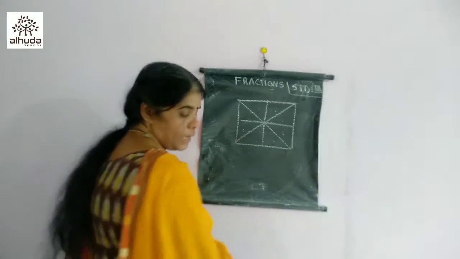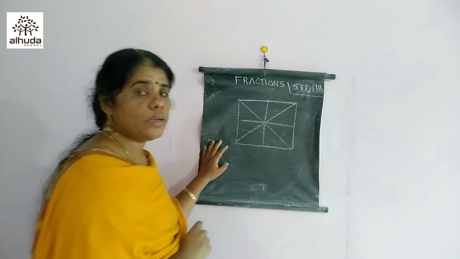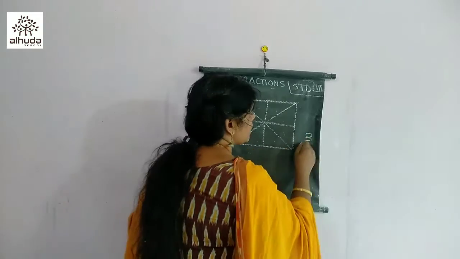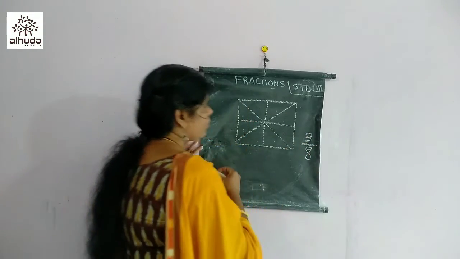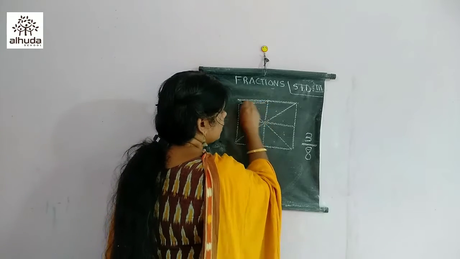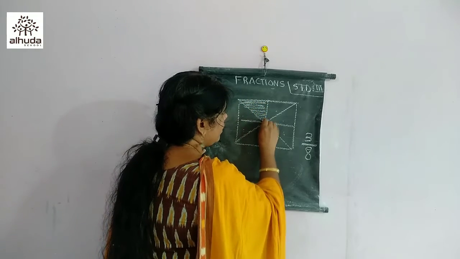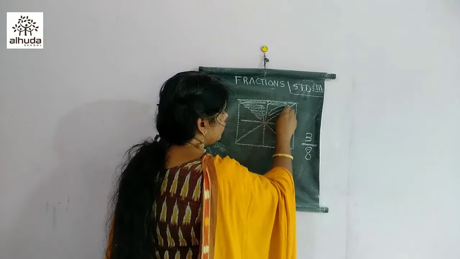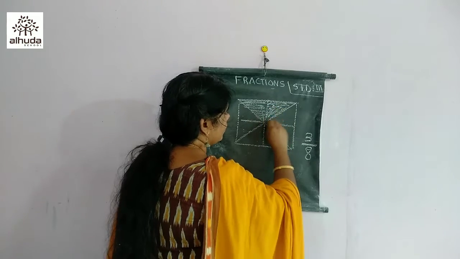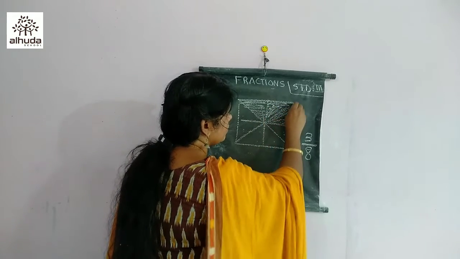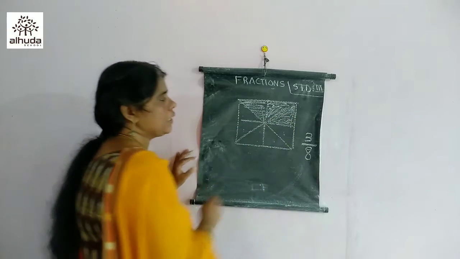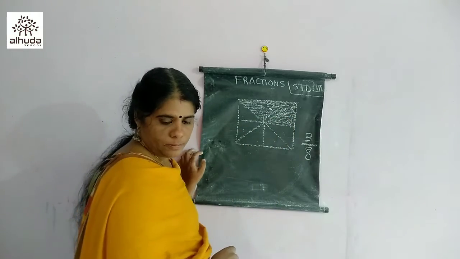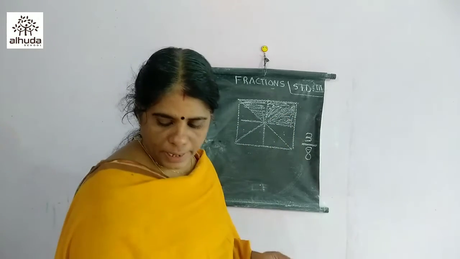Total 8 parts are here. So we want to shade 3/8. We should shade 3 parts: 1, 2, then 3. This represents the fraction 3/8. Okay.